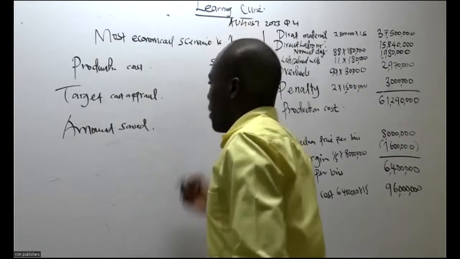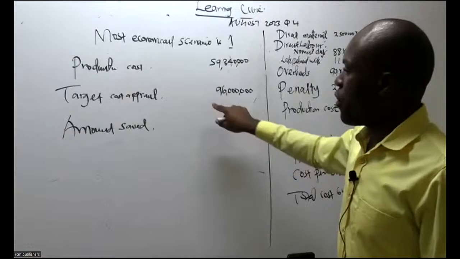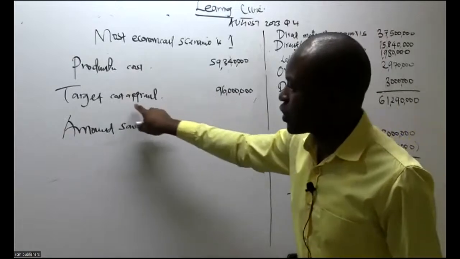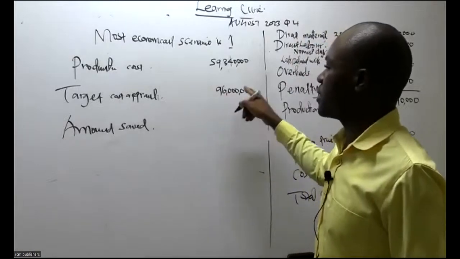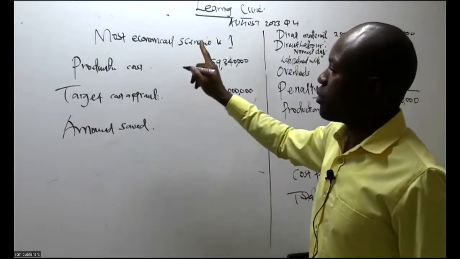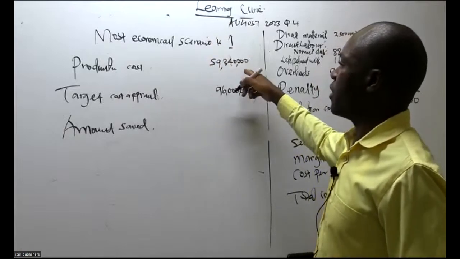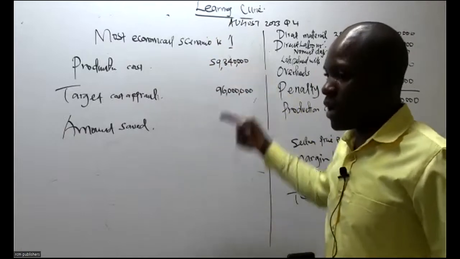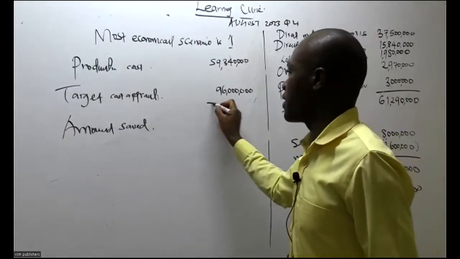Now, as a company, you are trying to minimize cost of production. The target cost approach is telling you that you are supposed to spend 96 million. But under the scenarios, you are only spending 59,340,000. So there is a benefit. There's an amount you are going to save. The amount saved is now the difference.